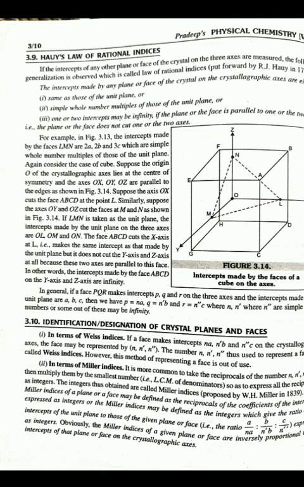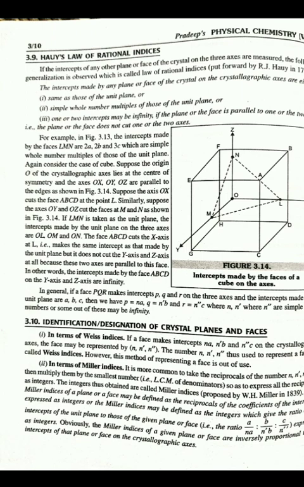If LMN is taken as the unit plane, the intercepts made by the unit plane on the three axes are OL, OM, and ON. The face ABCD cuts the x-axis at L, that is, makes the same intercept as that made by the unit plane, but it does not cut the y-axis and z-axis at all because these two axes are parallel to this face. In other words, the intercepts made by the face ABCD on the y-axis and z-axis are infinity.